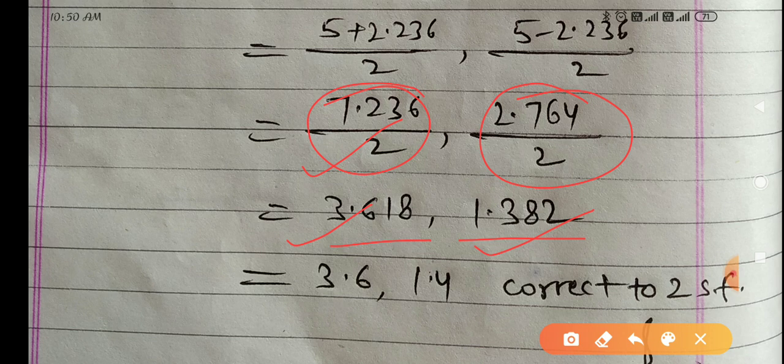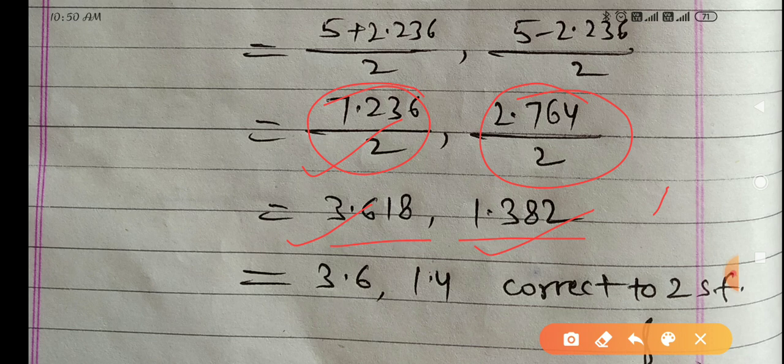Significant figure means, two significant figures means there should be two digits overall in the answer, not after the decimal. Overall means before the decimal and after the decimal. Total two digits should be there in the answer. One more time I am telling you, in the case of two significant figures, in the answer, before the decimal and after the decimal, overall two digits should be there.